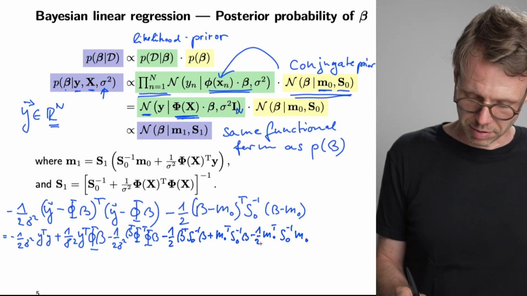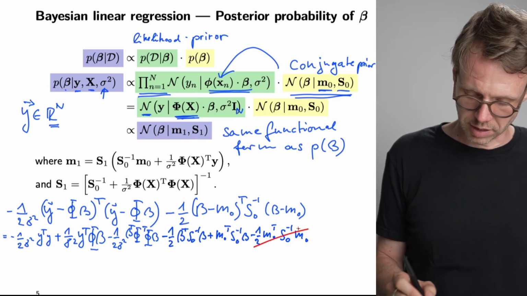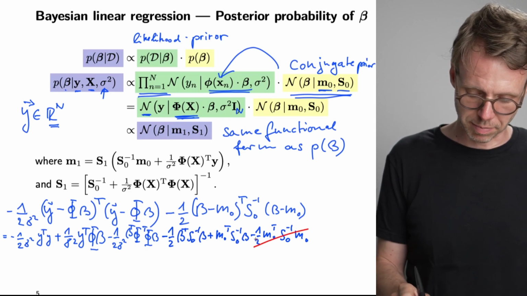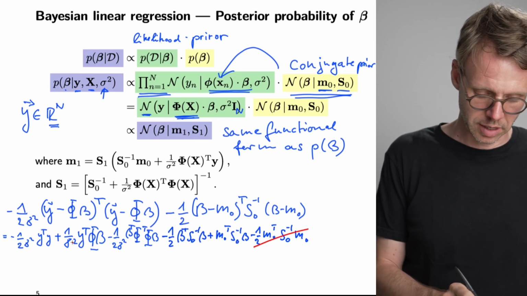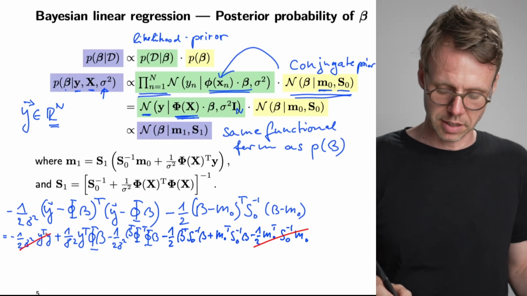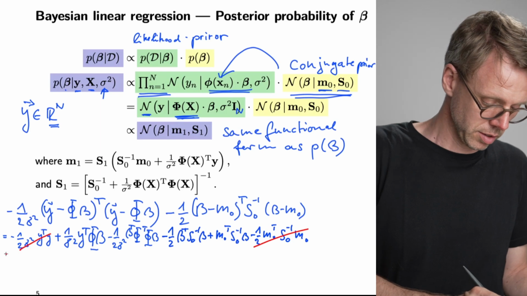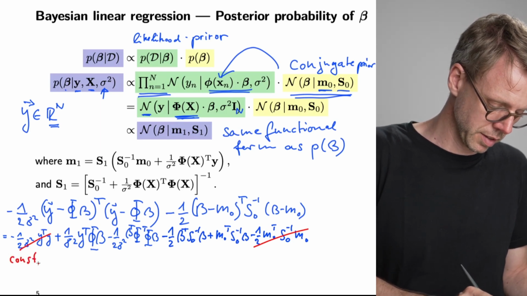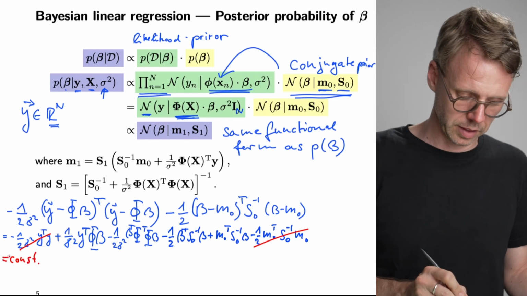So, for example, here, this is a term where beta doesn't appear. Here we also have a term where beta doesn't appear. So this is equal to a constant.